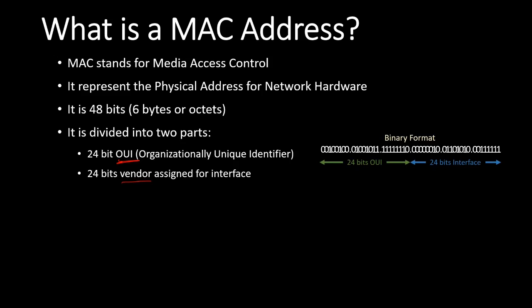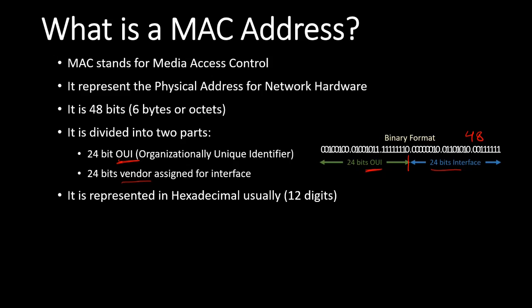As you can see here, this format is very long because we have 48 bits, which makes it very difficult to read. 24 bits are for OUI, which identify the vendor for that hardware or device, and the other 24 bits identify the interface, and these are assigned by the vendor. So this address is very difficult to read and very difficult to memorize or recognize, and that's why usually we use hexadecimal to represent MAC addresses.